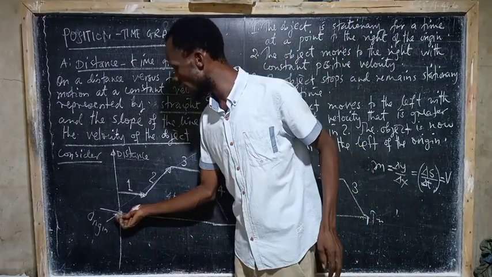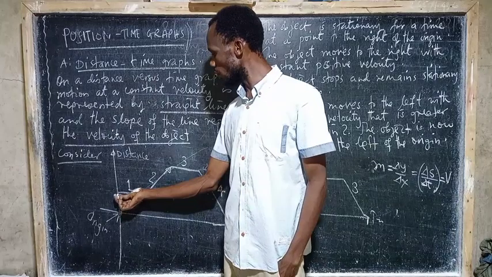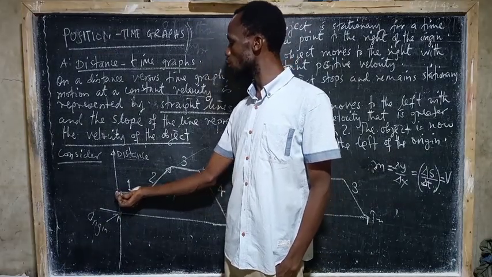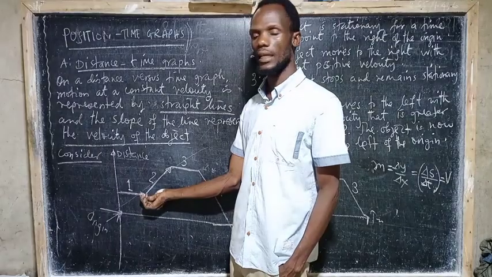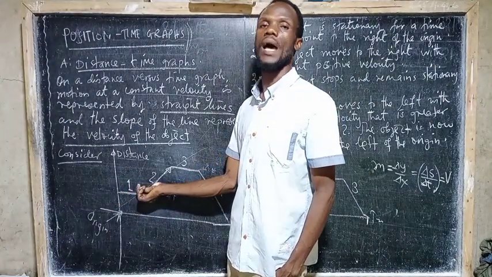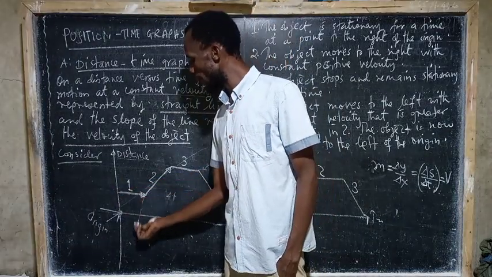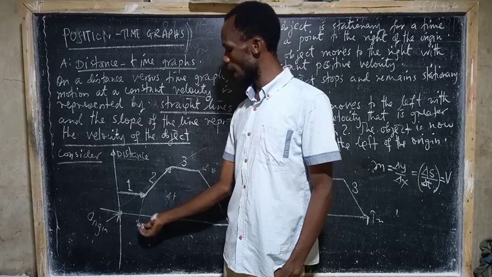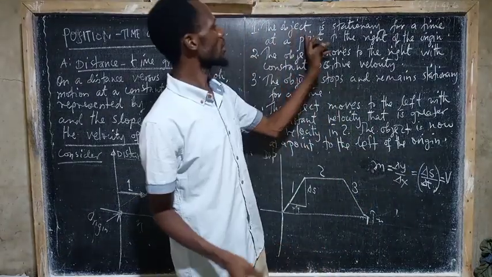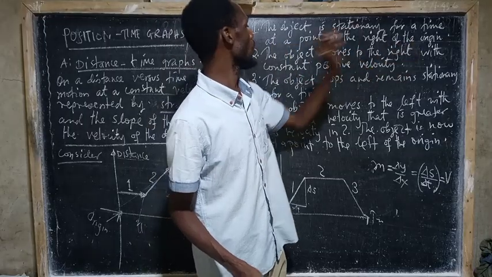The origin is here, means the distance is 0 and the time is 0. But when you look at this one, imesogeza tu muda, lakini distance ni ile ile. Tafsiri yake ni kwamba alikuwa amesimama tayari wakati umeanza kuhesabika. Kwa hapa yuko stationary mpaka time fulani, hapa ni time 1. Ndio maana tunasema the object is stationary for a time at a point to the right of the origin.